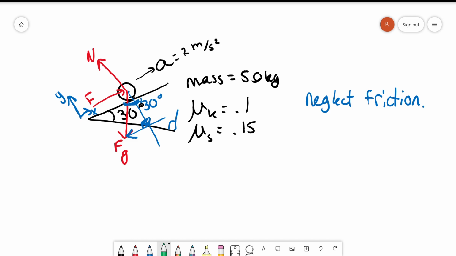And now that we've assessed that, we're going to want to find the x and y components of our force of gravity. So F_gy. There's also a formula for gravity, and that is mass times acceleration due to gravity. Not all forces have a formula. Gravity just happens to be one that does.